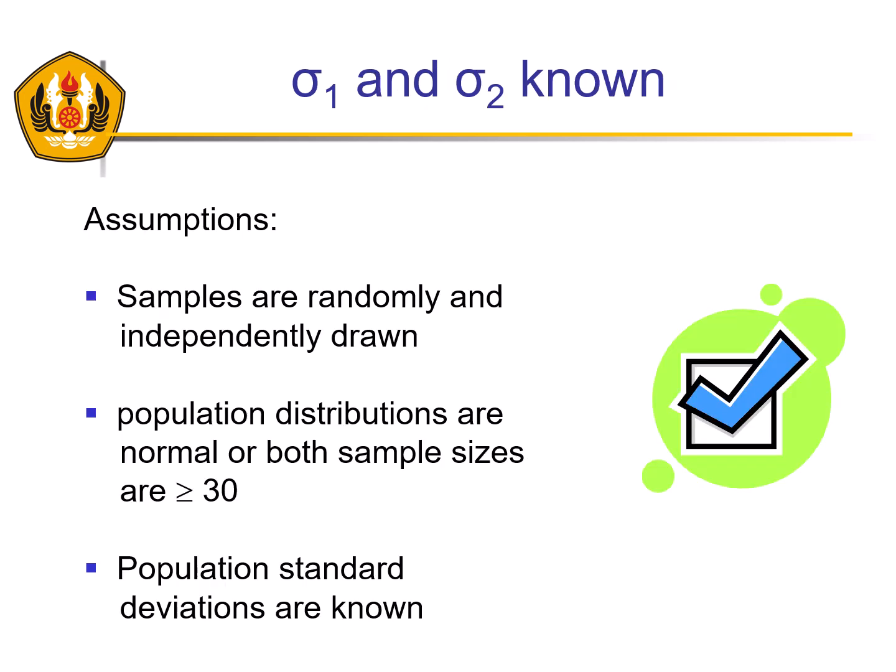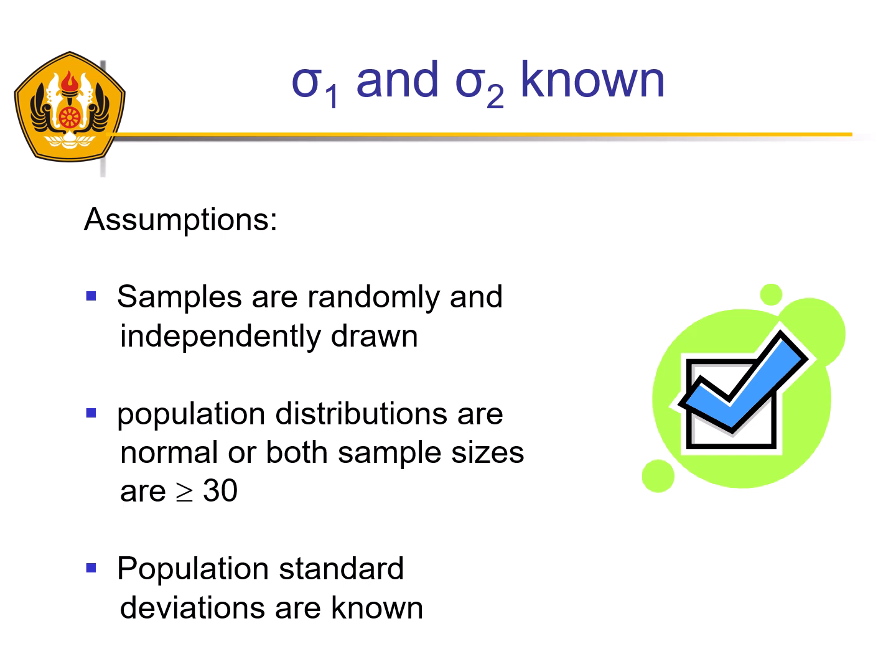And then we come to the assumptions. The assumptions are that sigma 1 and sigma 2 are known, and that samples are randomly and independently drawn from the populations. This is the requirement for samples to be analyzed in hypothesis testing for these two-sample cases.